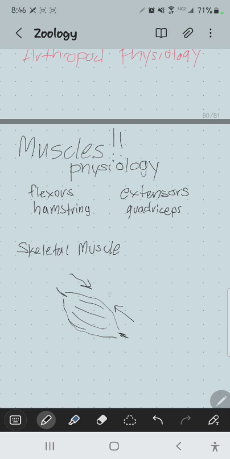That being said, most skeletal organisms are made up of opposing muscles. So, for example, on your leg, you have your hamstring, or your muscle behind your leg, attached to your pelvis and the back of your knee, and that's your flexor. You have a flexor, or oftentimes it's called an adductor.